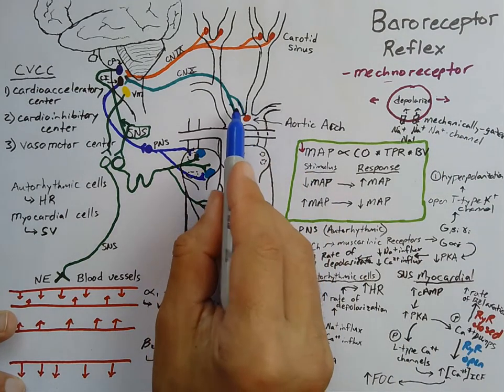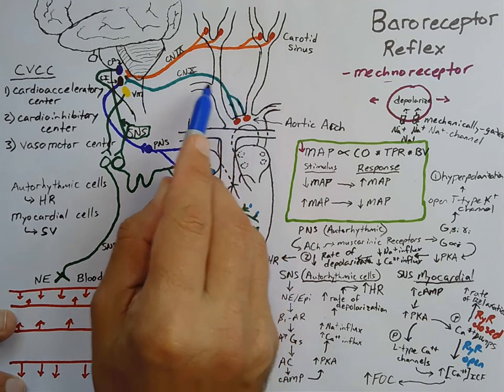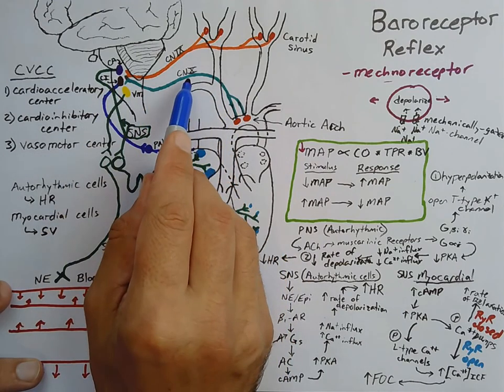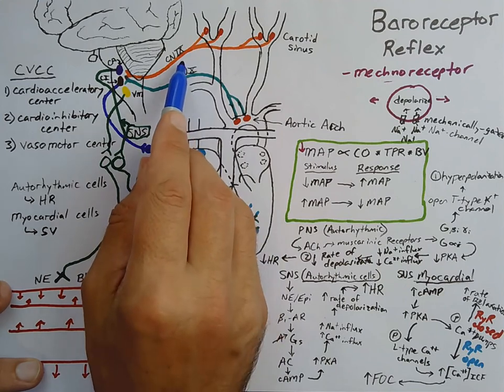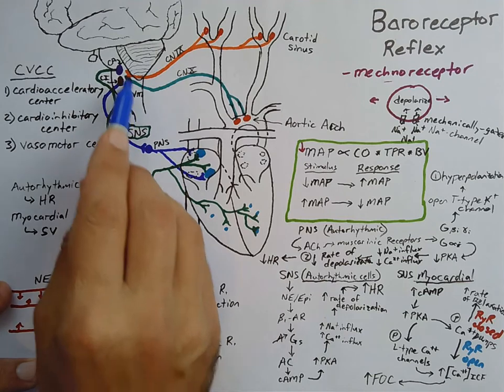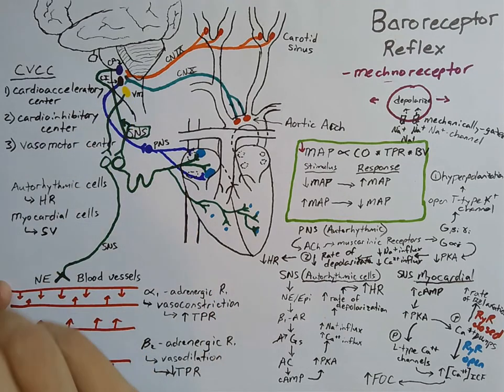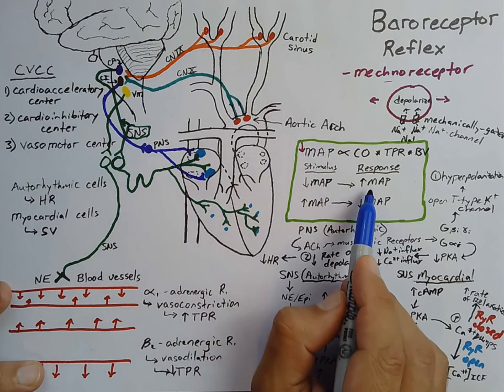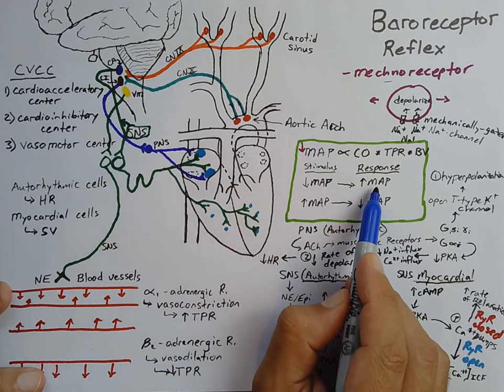That's going to decrease the number of action potentials being sent to the medulla oblongata via the vagus nerve and the glossopharyngeal nerve. And as the stimulus decreases to the medulla oblongata, what does the body want to try to do? As mean arterial blood pressure dropped, we know it's going to try to pick things up again.